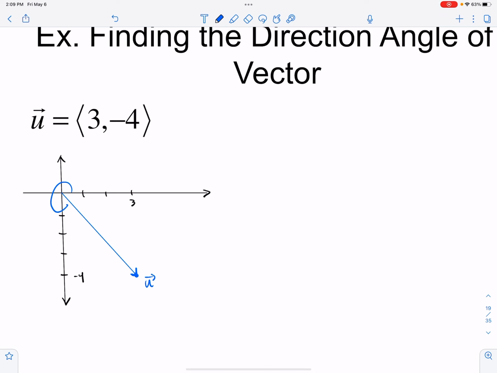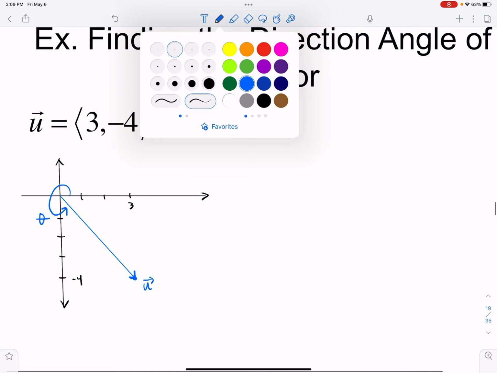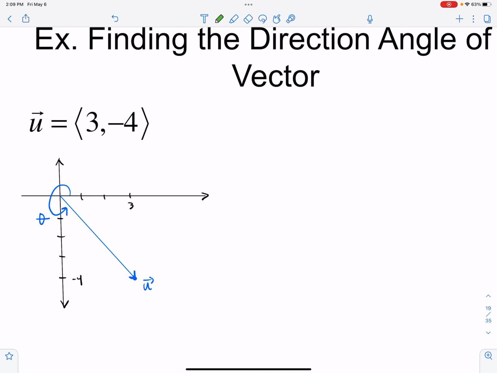This is the angle that we're trying to find, theta. However, inverse tan of negative 4/3 is going to represent this negative angle here. That's why I think of inverse tan of B over A as like the possible angle, the initial angle, and then I need to figure out what the angle theta actually is.